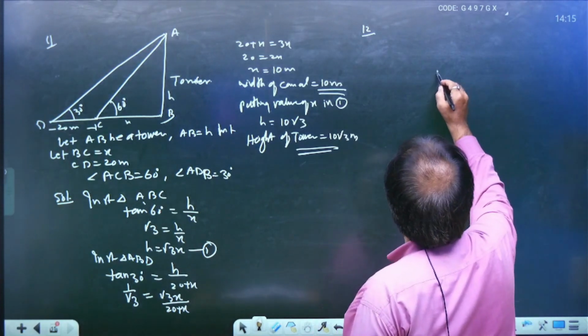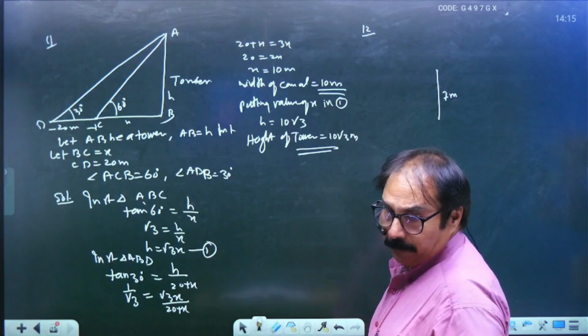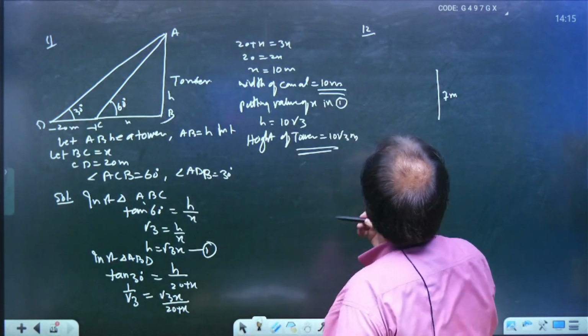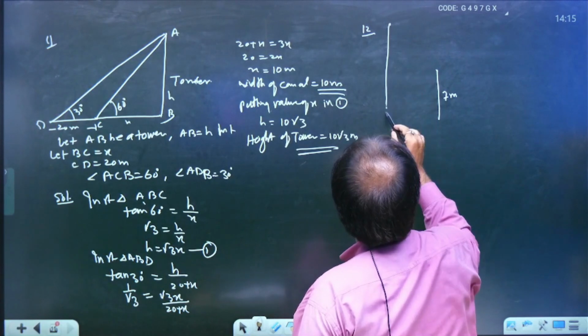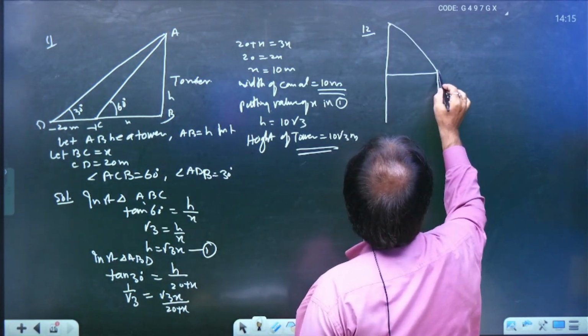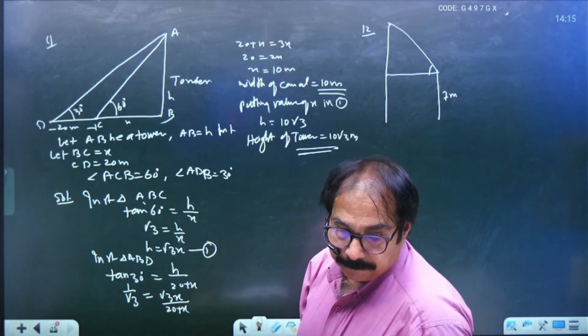So first draw the figure of the 7-meter high building, and from the top, the angle of elevation of the top of the cable tower. So this is the cable tower, and the angle of elevation from the top of the 7-meter high building is given.